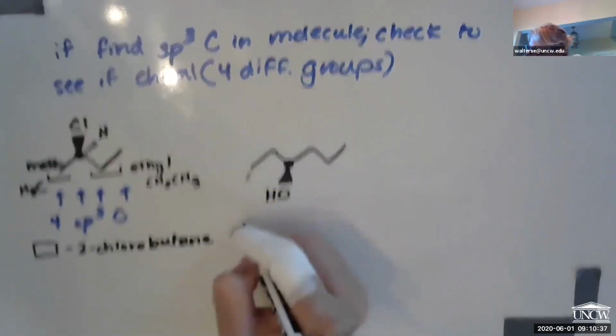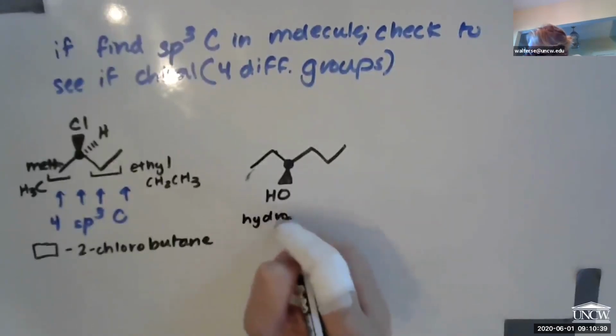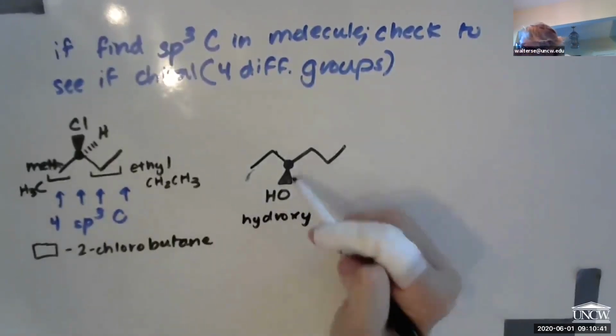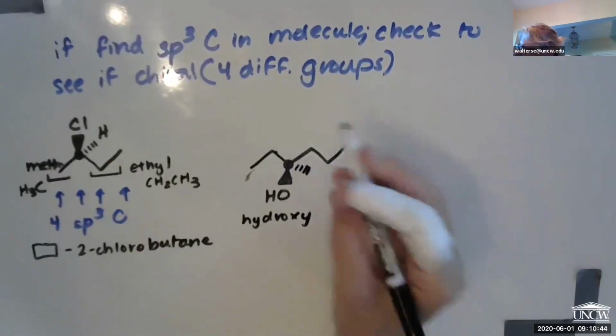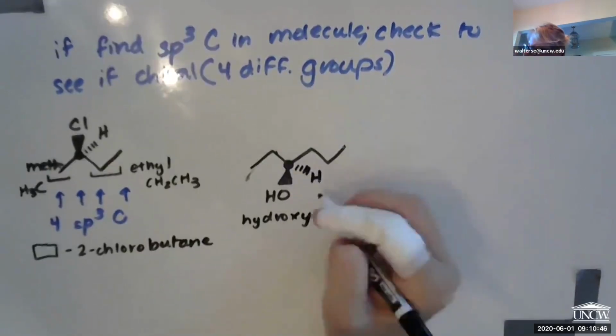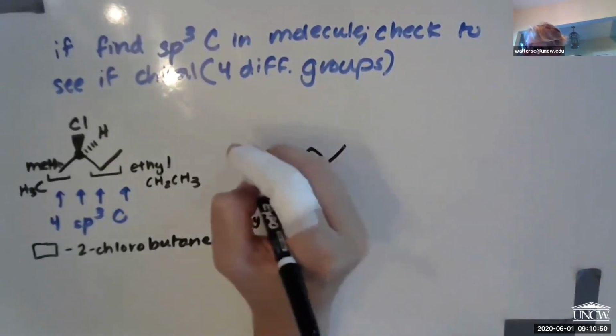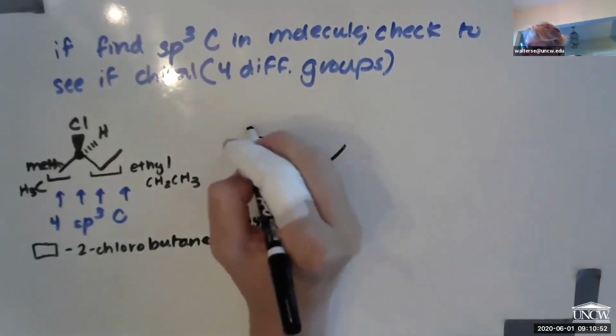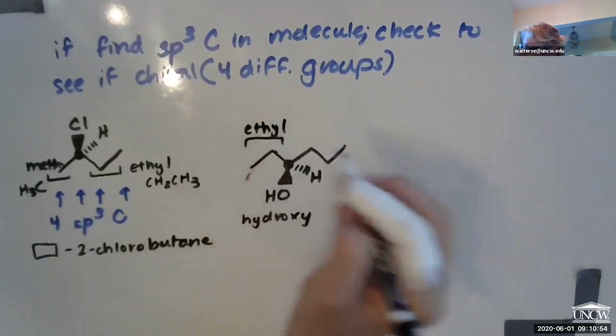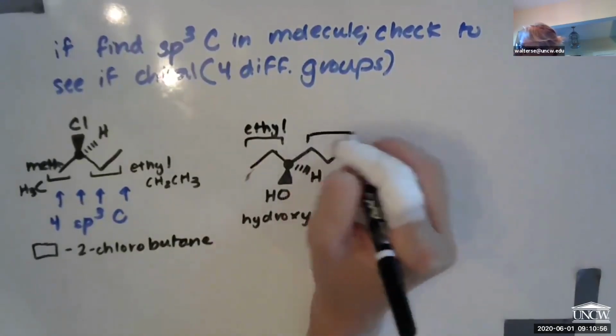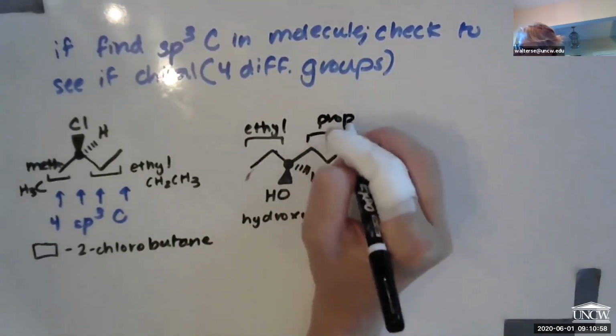This is called a hydroxy group. And you would have the hydrogen here. Okay, so you would have a hydrogen, a hydroxyl group, a 2 carbon group here, which would be ethyl, and a 1, 2, 3 carbon group here, which would be propyl.